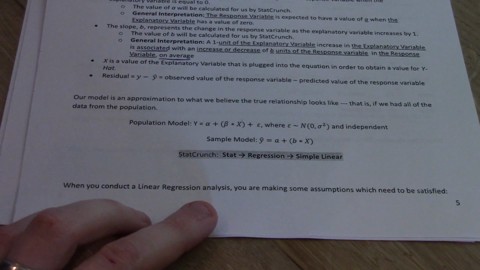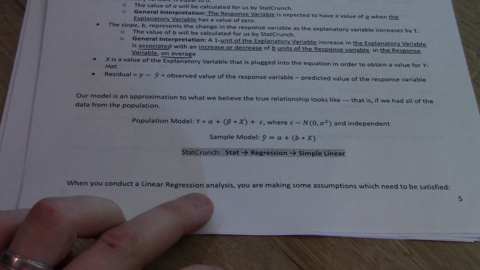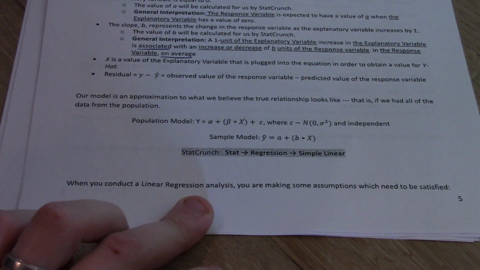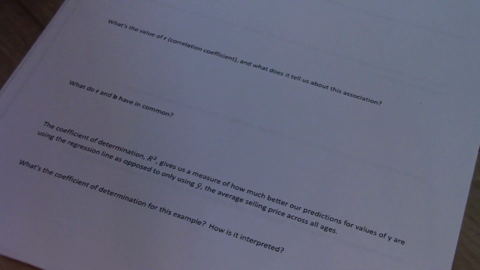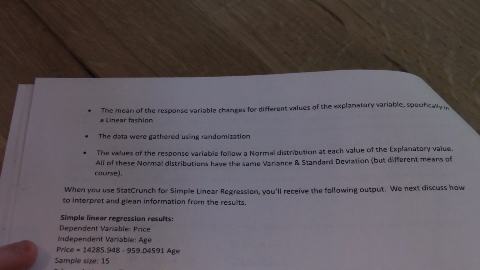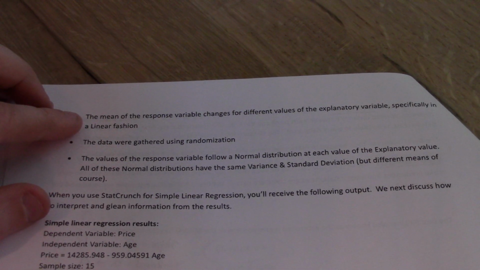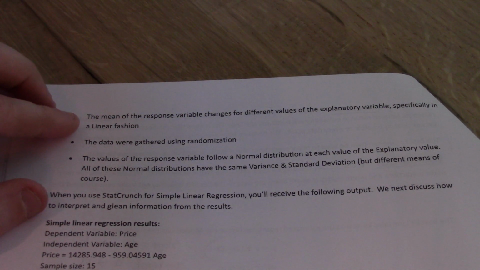So before we look at the output, we have to understand that linear regression is an inferential process. We have a sample. We're trying to use that information in the best way we can to learn about the population. So we're going to be making some assumptions. And they're probably not that surprising. So the first one is, I don't know, maybe overly complex.